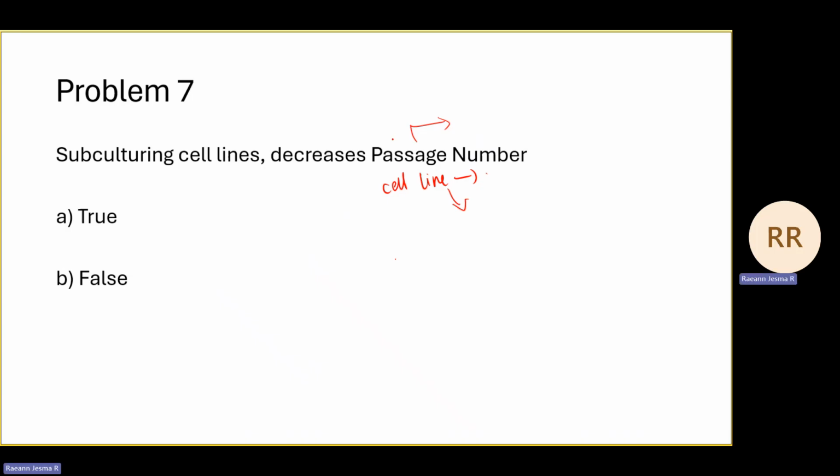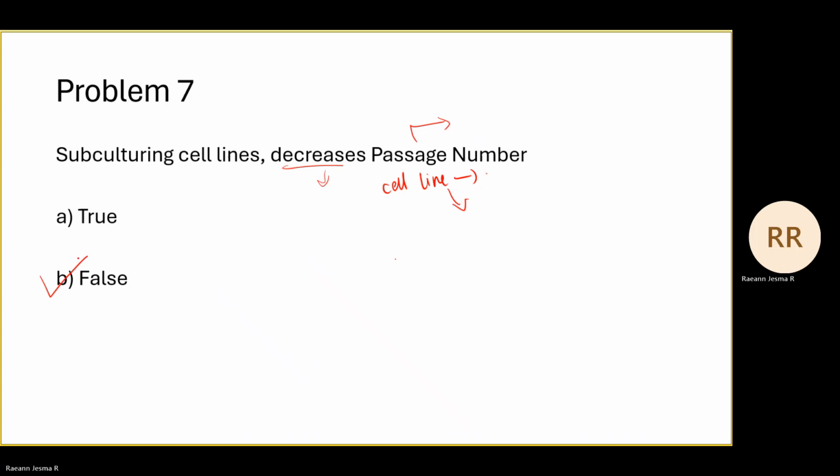That will help the cell line to propagate. So it will not decrease the passage number. But if we reseed this particular cell line, then the passage number will increase. So the correct answer for problem 7 is false.